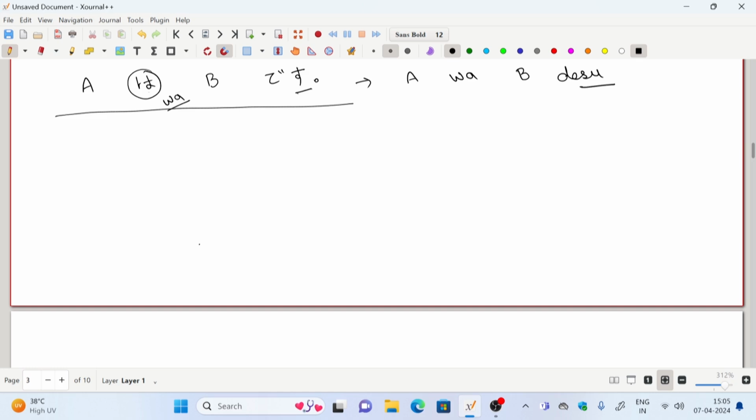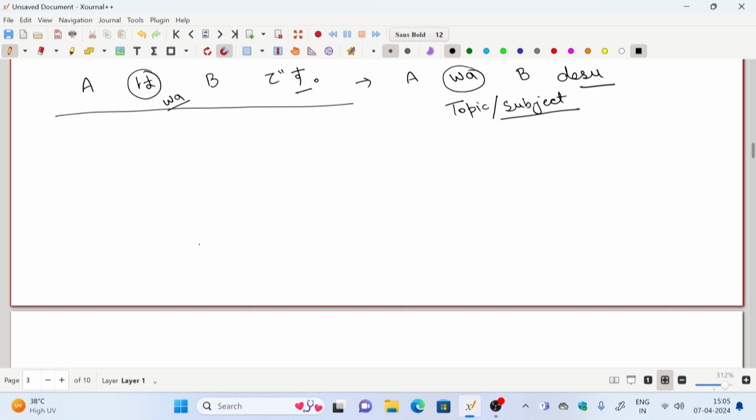Here, the postpositions in Japanese are called particles. Wa is the topic particle. Wa represents the topic, or we can say the subject. Whatever we talk about will take particle wa. Our topic will always take particle wa. So if I talk about a pen, it will be pen wa.